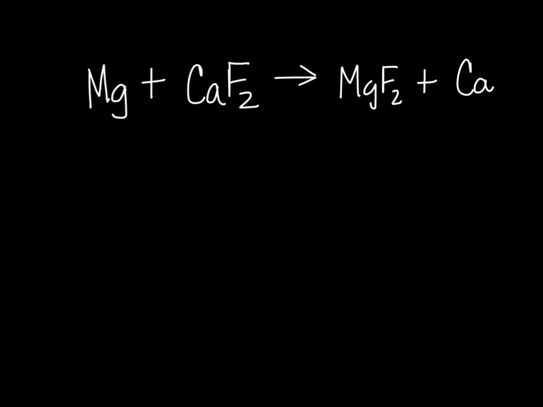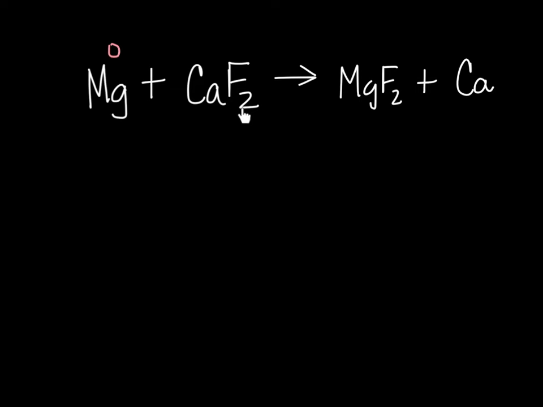You have to have one going up in oxidation state and one going down. Remember, you have to have one reduction and one oxidation in order to be classified as redox. So let's go ahead and assign our oxidation numbers. This magnesium is going to be 0 because it does not have a charge written on it and it's not combined with anything.